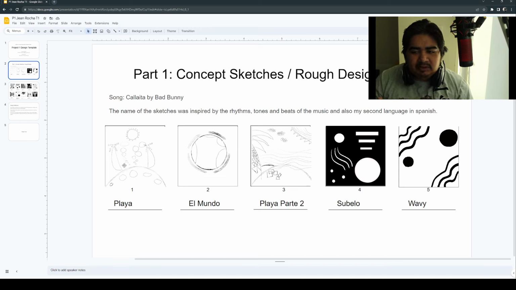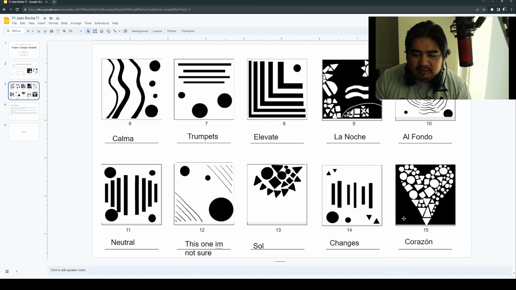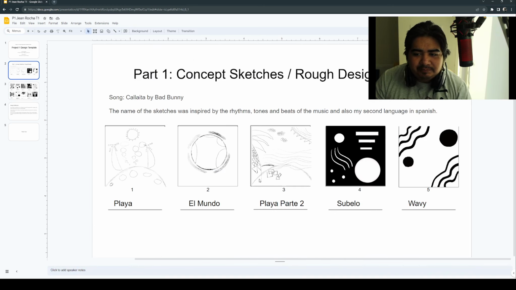I wanted to remind myself of home. So the use of lines here for the remaining parts, from number 4 all the way to number 2, the sense of wavy feelings and the hard lines represents the beach waves coming in from the ocean to the sand.